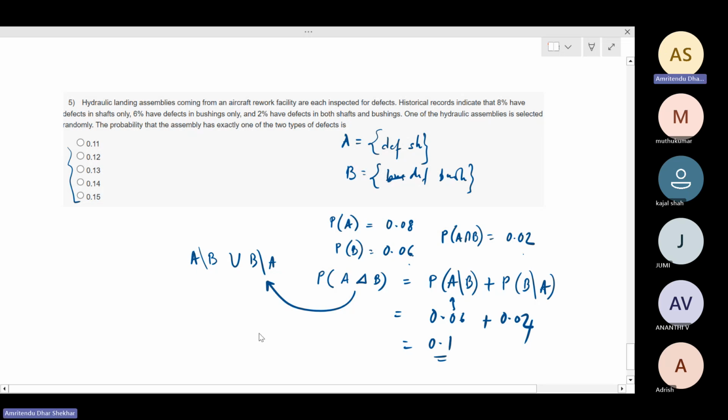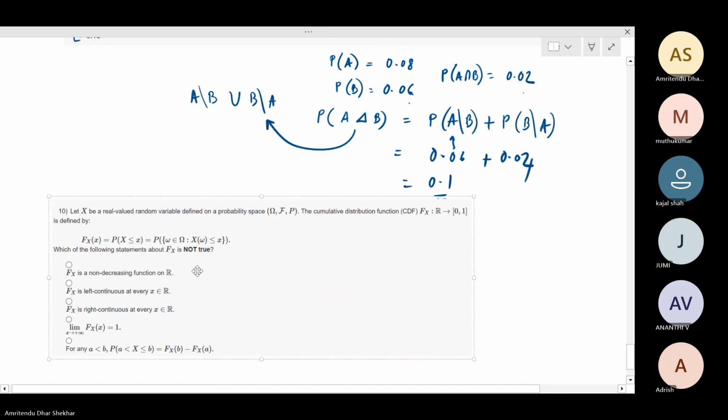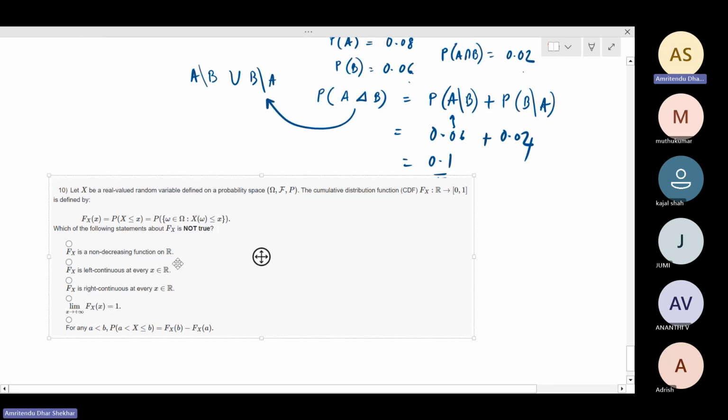So we have one question in this assignment, which is this. It says you have a cumulative distribution function, CDF, which is basically what we have defined thus far: the probability of X being less than or equal to x. Now the question is, is the CDF function continuous? Can anyone answer this question?